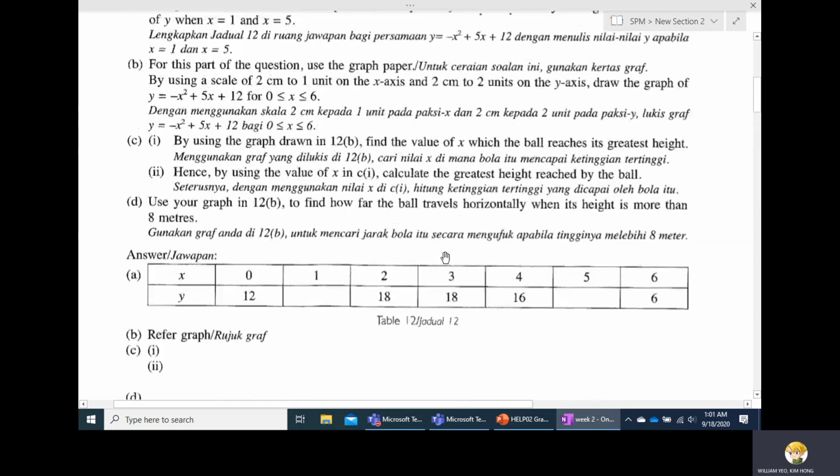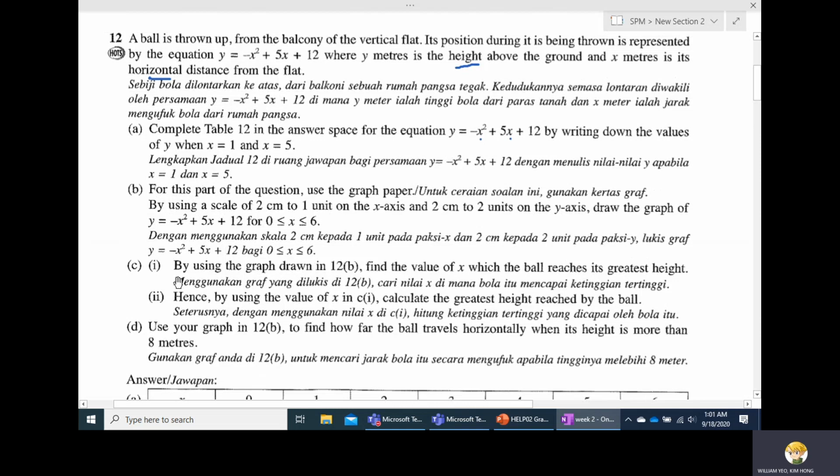Then part 2. If you compare this question to the previous example, what's the difference? Previous example, they give you y, ask you to find x. Then part 2, they give you x, they ask you to find y. Give x, find y, give y, find x, but this is different. So you have to understand the question properly, but it's not that difficult. You must know y is the height, x is the distance. From part 1, C1, calculate.